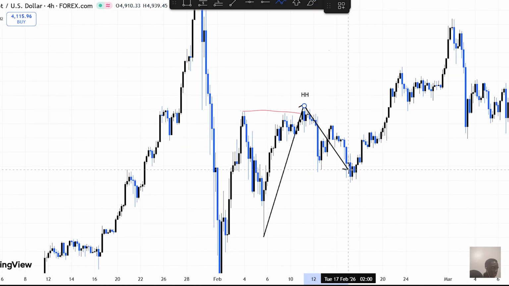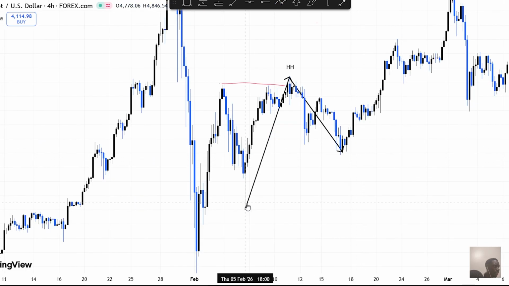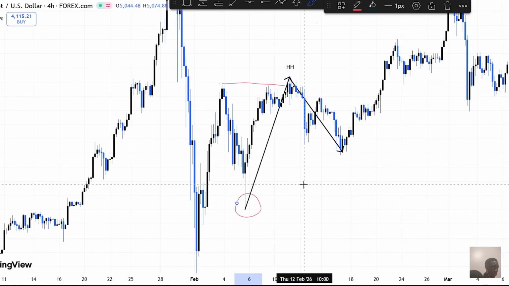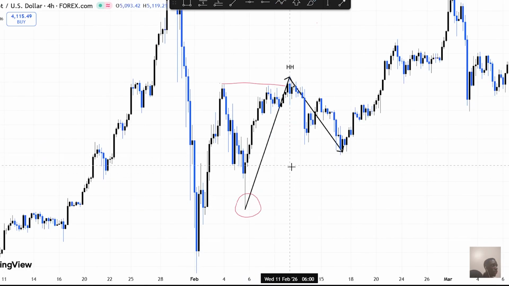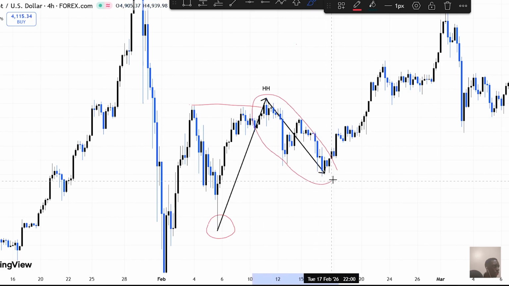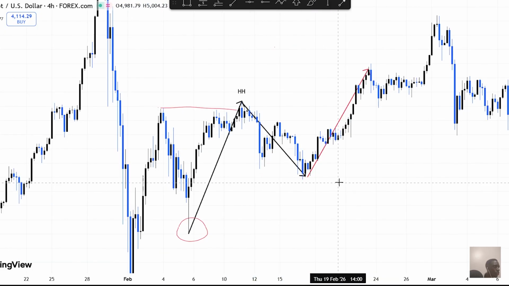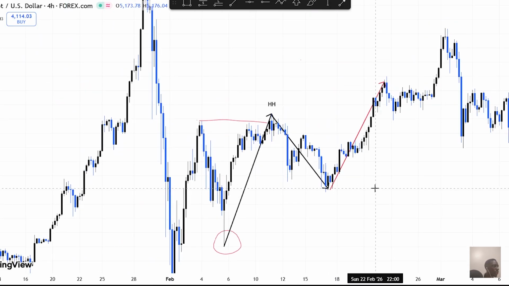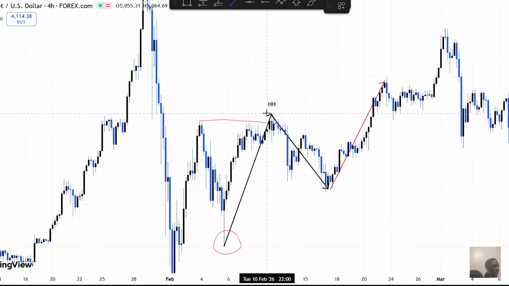Then it pushes lower, but doesn't break through this low. So we consider this as a correction move. As you can see, an impulse is a move that breaks a higher high to give us another higher high.